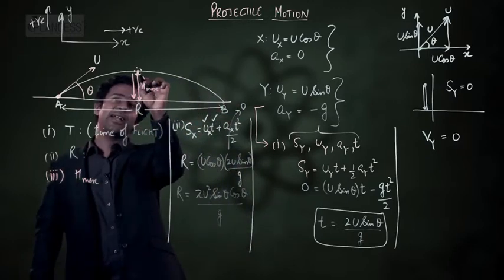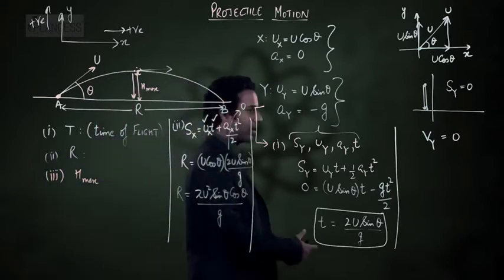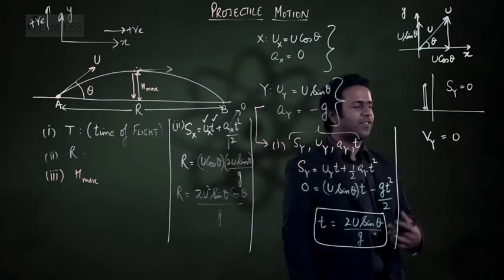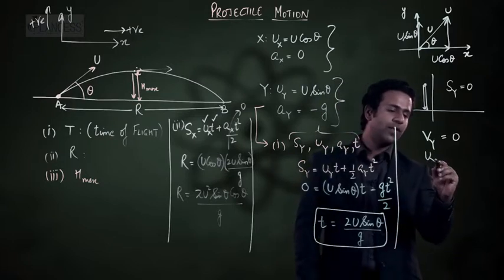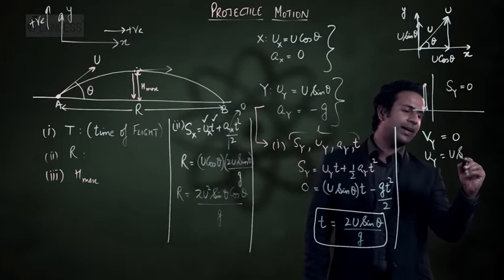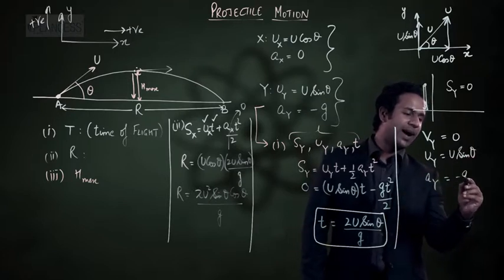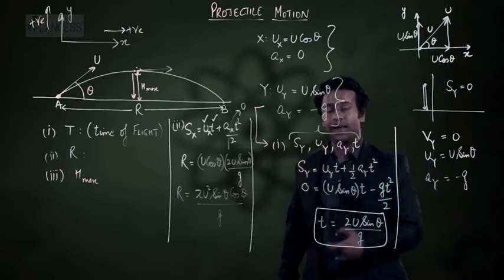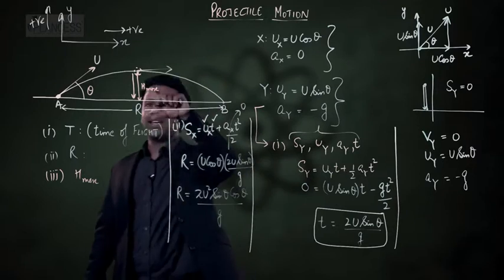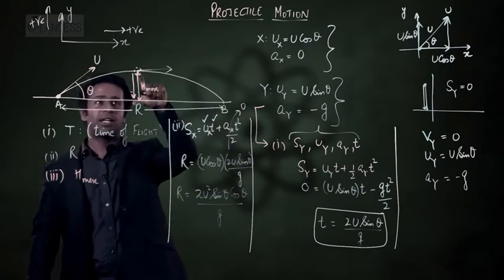At the highest point, the velocity is strictly horizontal, right? So let's use this fact. We know that Vy is 0. We know that Uy is equal to u sine theta. The acceleration along y we already know is minus g, and we wish to find the displacement along y, because the H max here is nothing but the displacement along y up till this point.